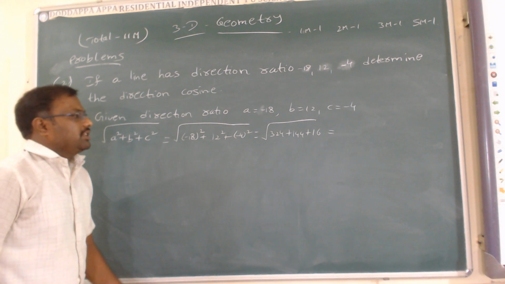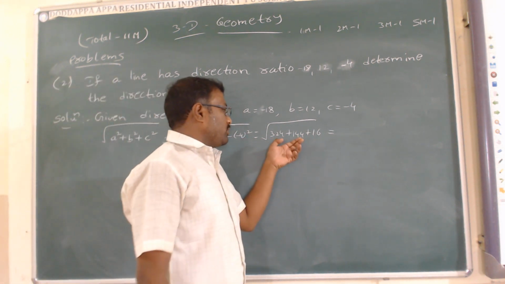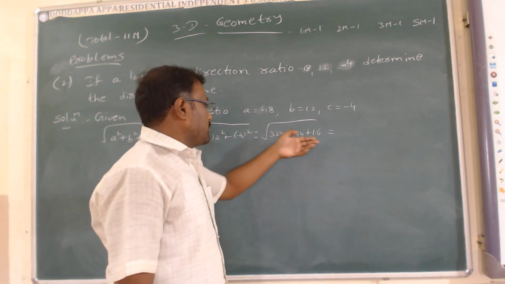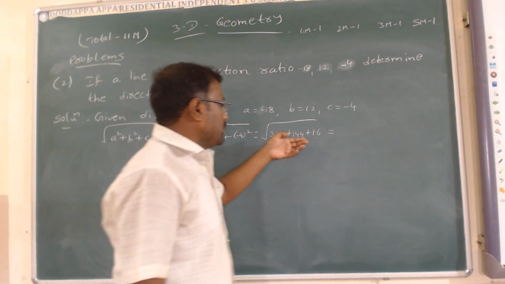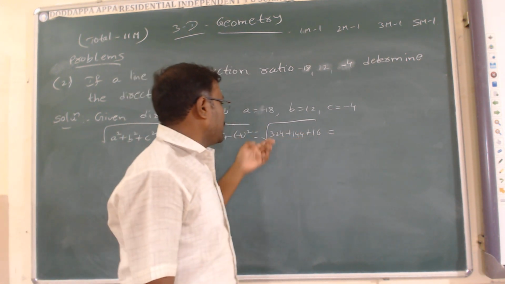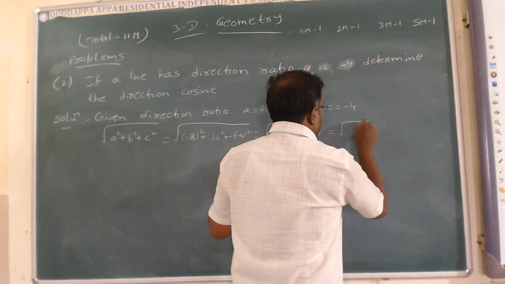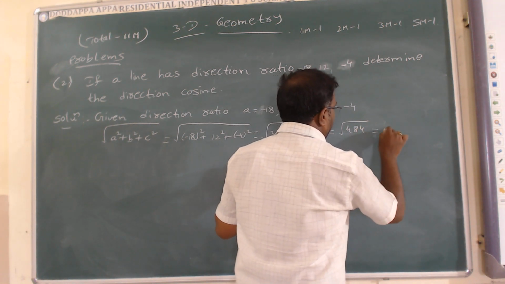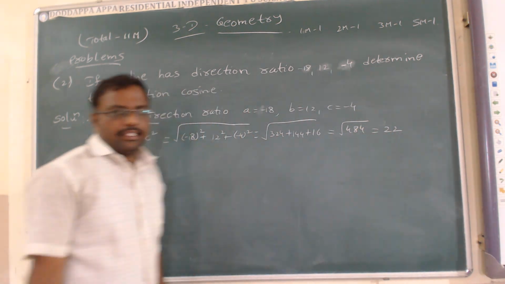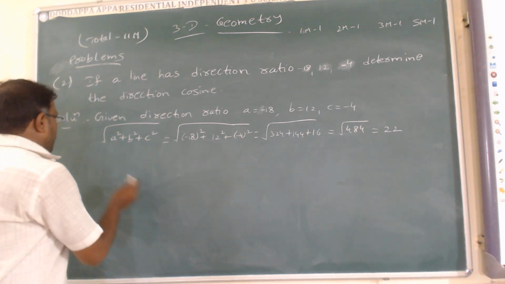Okay, so here, root of 324 plus 144 plus 16. So 16 plus 144 is 160, and 160 plus 324 is 484. So root of 484. Root of 484 is 22. Okay, now you can find them separately.